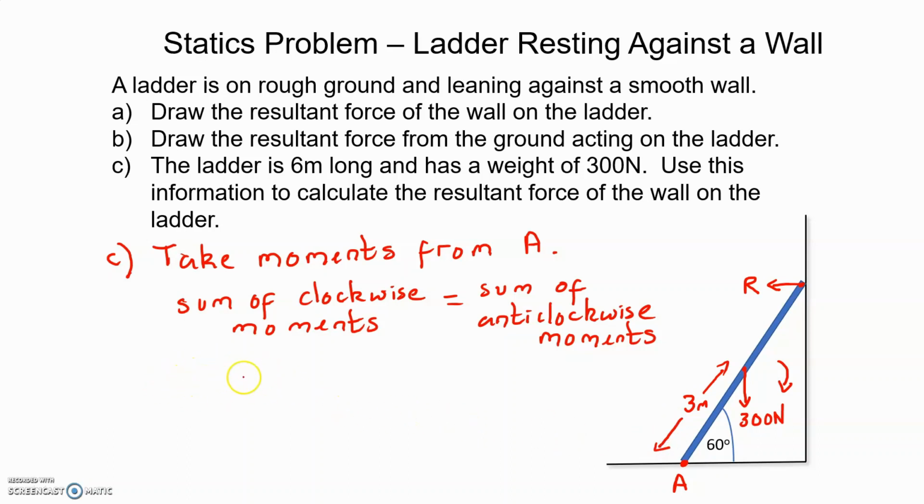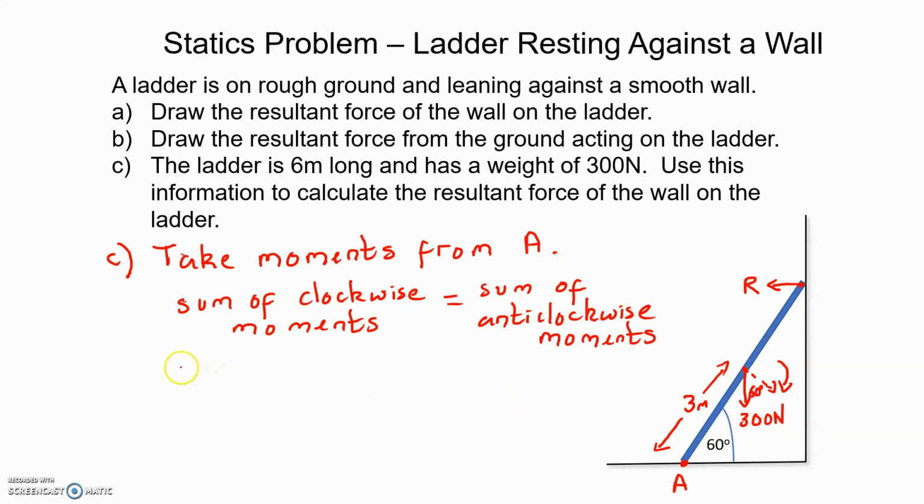But we need the component of the force acting perpendicular to the ladder. When you take moments, you need to use the component of the force acting perpendicular to the ladder. Now, using simple geometry, this angle here will be 60 degrees.